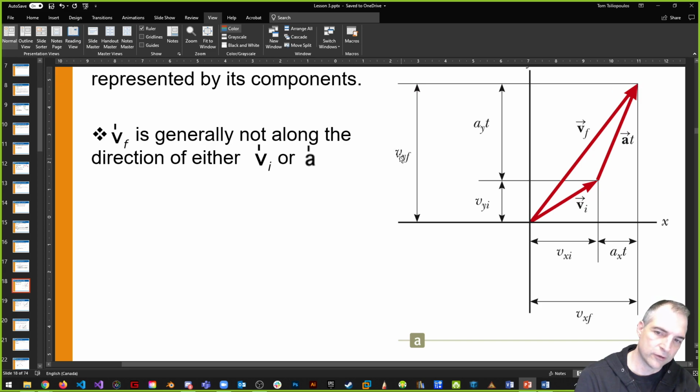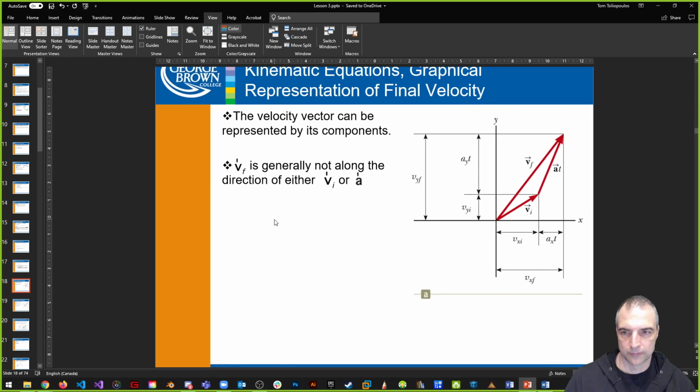And this is the Vy final, and you can see Vy initial. Okay? Vx final here. So this is Vx final, this is Vy final. Okay, so you can definitely use vectors to describe the final position or the final velocity or the final acceleration of your particle.